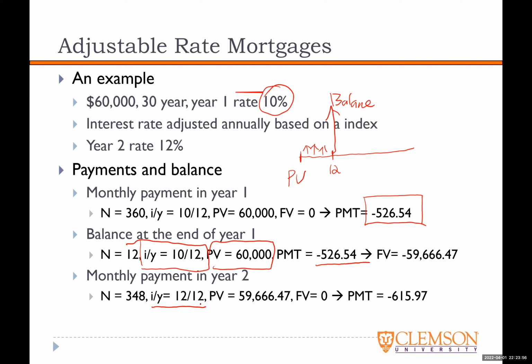We know the beginning of year two balance is equal to the end of year one balance, which is calculated from the previous step, $59,666.47. So we enter those numbers in your calculator. You know that with the new interest rate, the monthly payment is $615.97. So when the interest rate increased from 10% to 12%, your monthly payment also increased from $526 to $615.